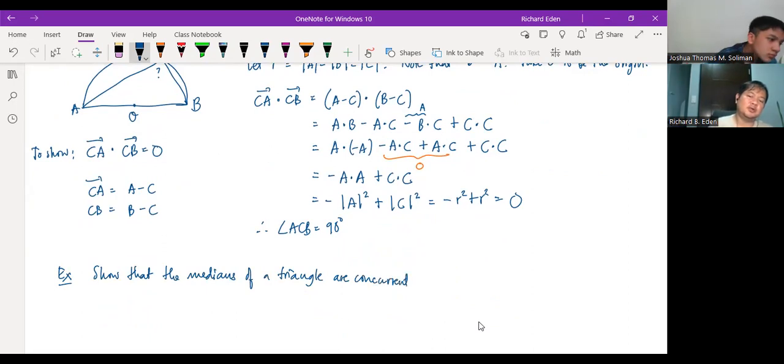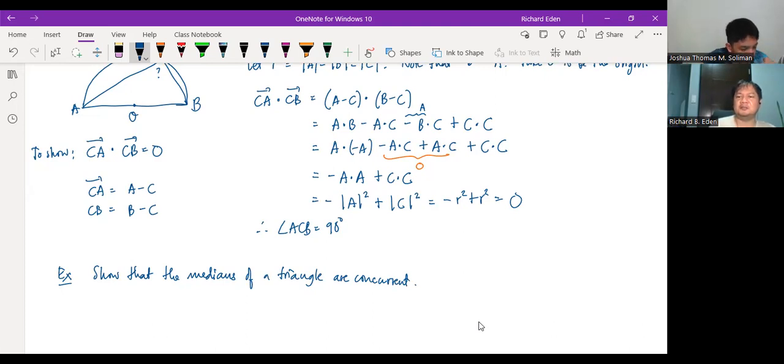The point of concurrency is called the centroid, and we know that it actually divides each median in the ratio 1:2. So the shorter segment of that median is 1/3 of the entire median's length. But these were things that we proved before. So let's see how we can use vectors.